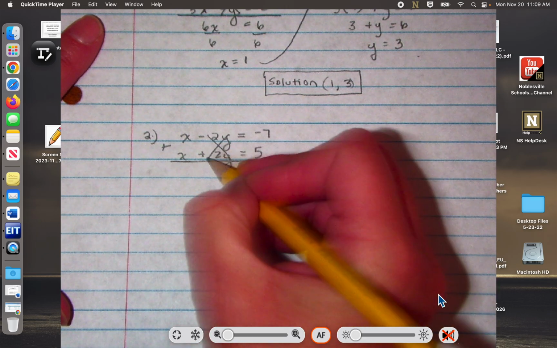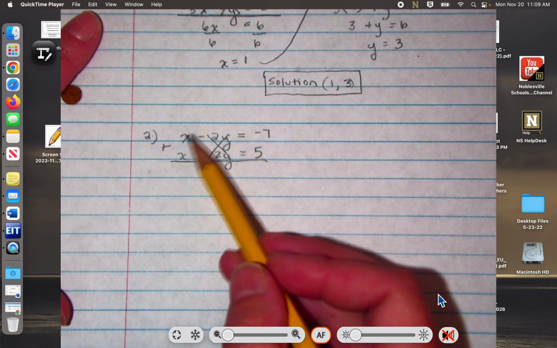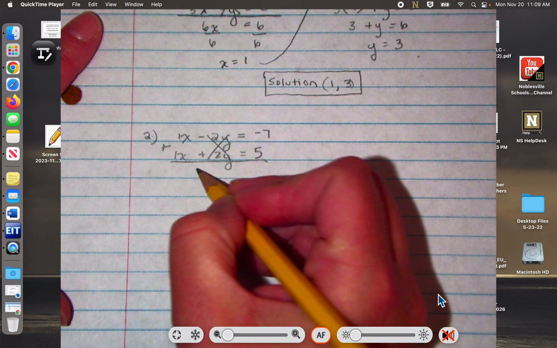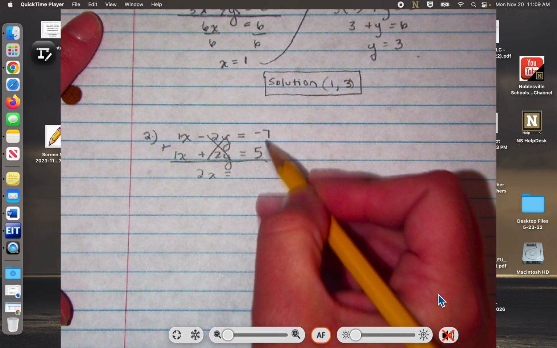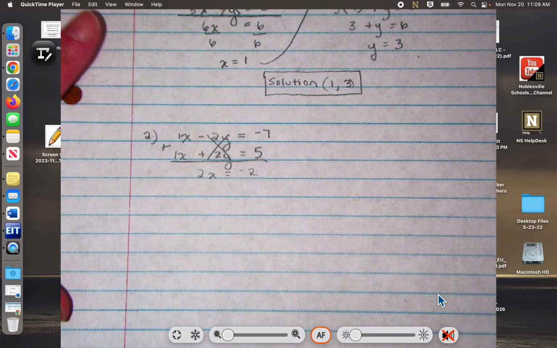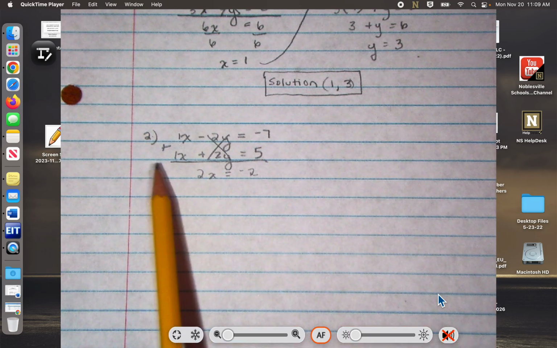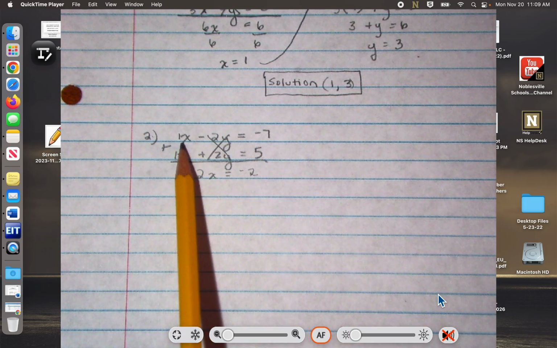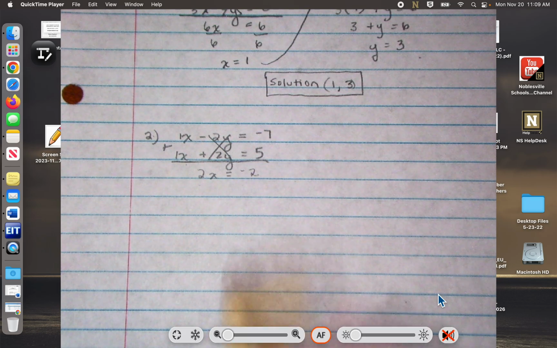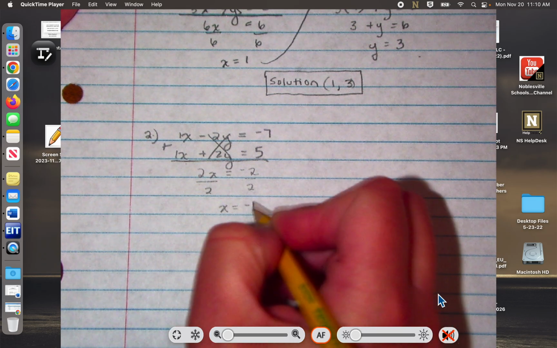The y's cancel out, right? Negative 2y and positive 2y, those are now eliminated. 1x plus 1x gives me 2x. Negative 7 plus the 5 gives me negative 2. So you're combining, right? If I was adding those two numbers, that's what I would get. One of the biggest mistakes is some people will just put x here instead of the 2x. Divide by 2, x equals negative 1.